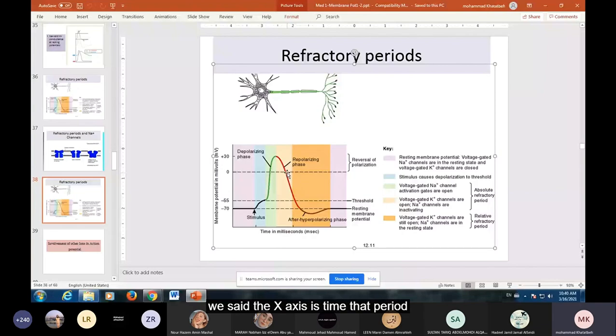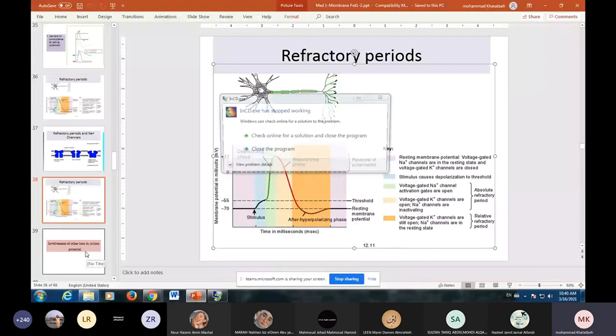That period of time is called the overshoot period. So once you are getting the potential above zero inside with regard to outside. Okay, thank you.